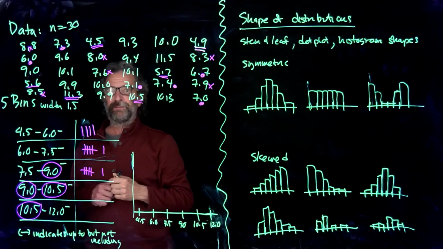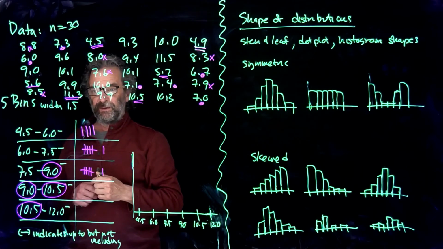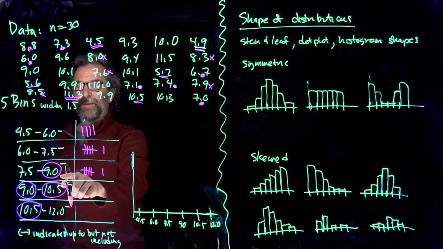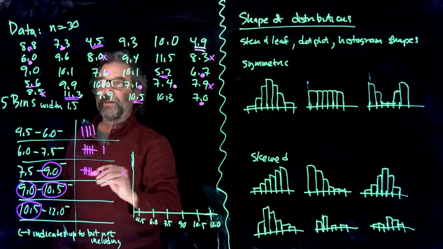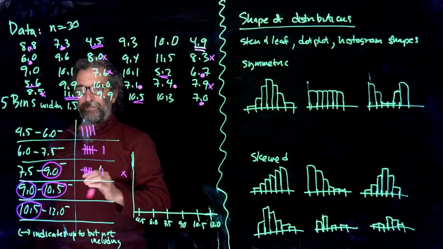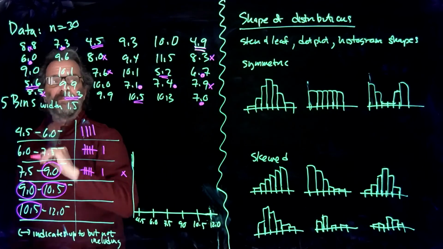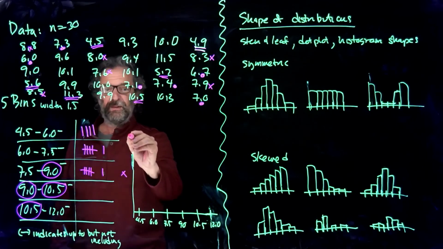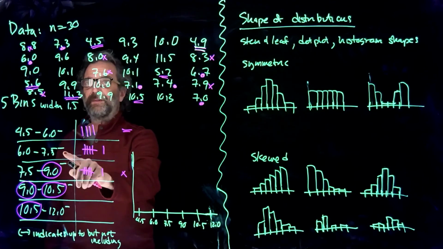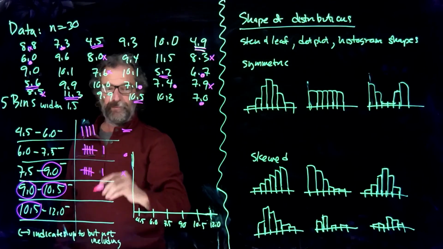Why is 5.6 marked? I'm crossing my fingers. So hang on. 7.5 up to 9, these are the X's. The 4.5 up to 6, oh, that's these. Okay. And 6 up to 7.5, that's the dots, okay.